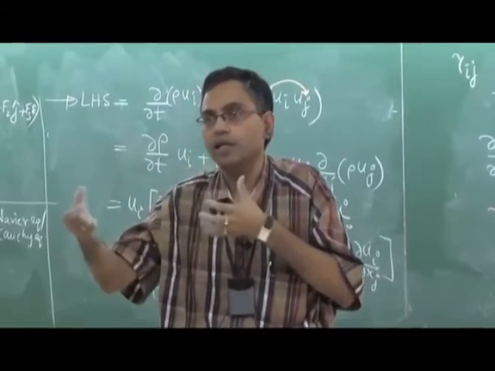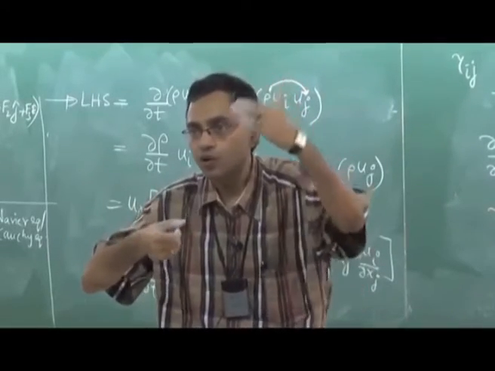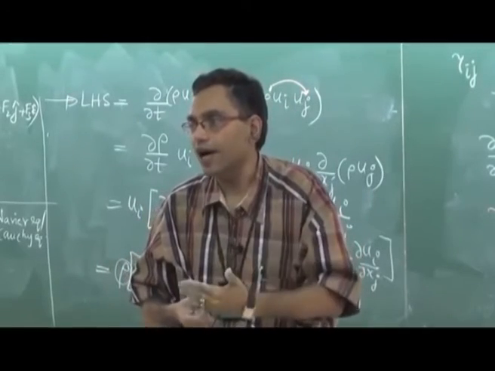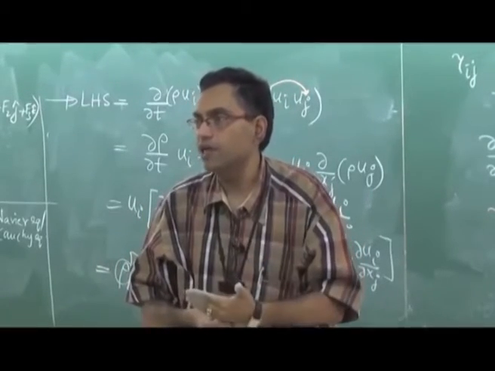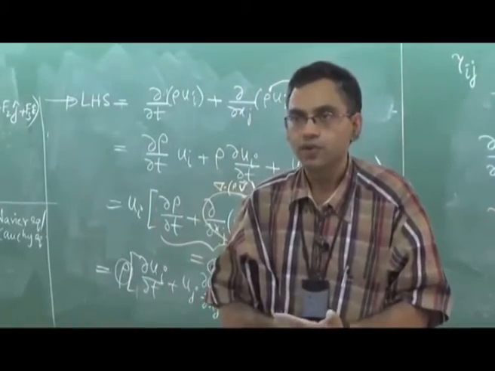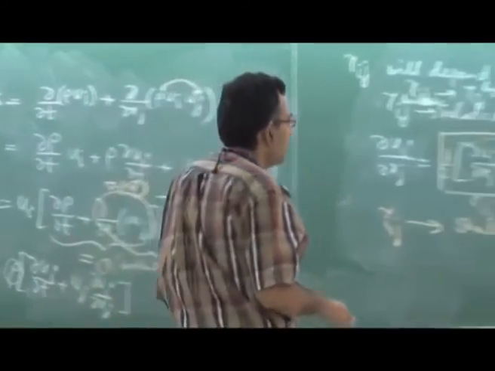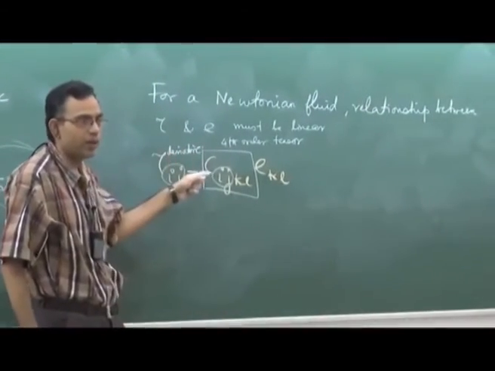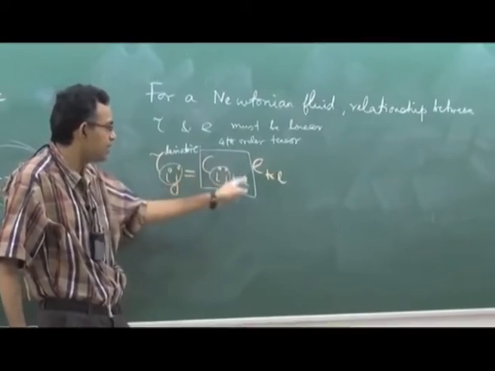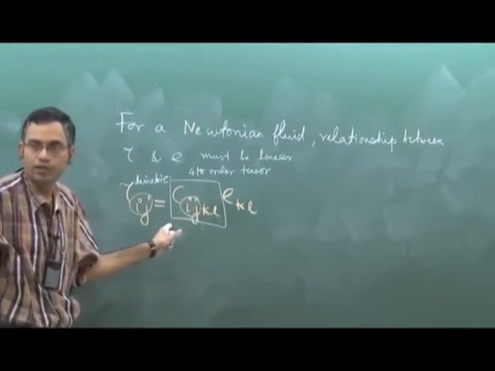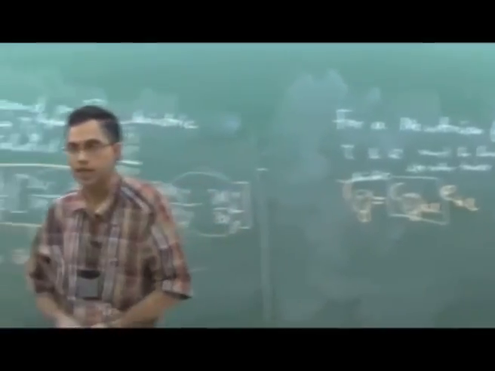To solve a practical problem, we can come down to fewer properties, and that requires the consideration of a special type of fluid known as homogeneous and isotropic fluid. So we will discuss what a homogeneous fluid is, what an isotropic fluid is, and how we can write Cijkl for a homogeneous, isotropic and Newtonian fluid. That we will take up in the next lecture. Thank you.